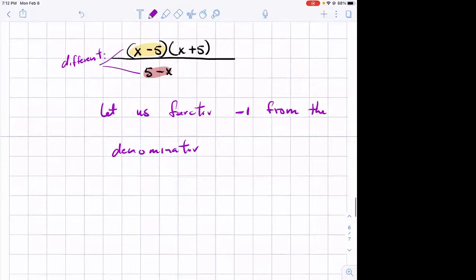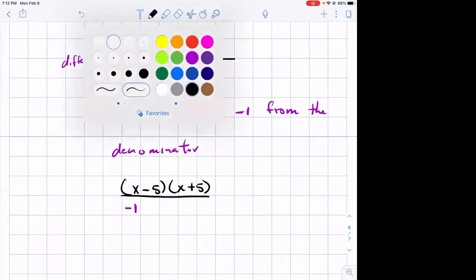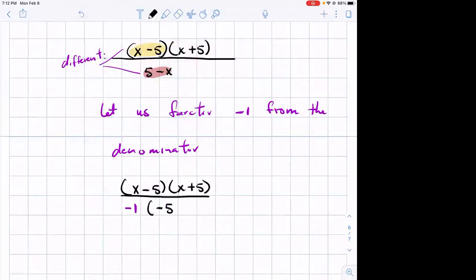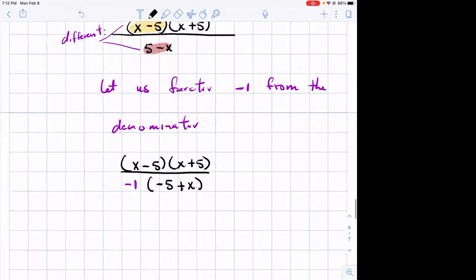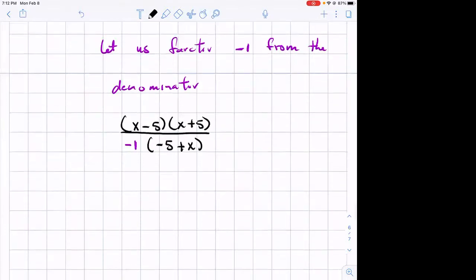The numerator stays the same, x minus 5 times x plus 5. If we factor -1 from the denominator, this will leave me with minus 5 plus x. And here I can rewrite the denominator: the numerator stays the same, divided by -1 times the denominator, writing the x first, it's positive, and then a minus 5.